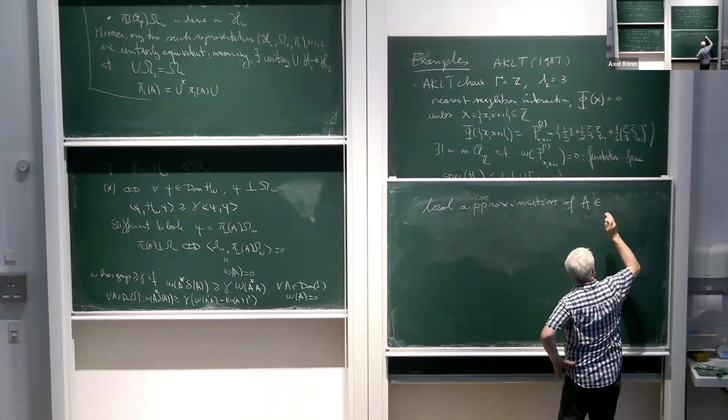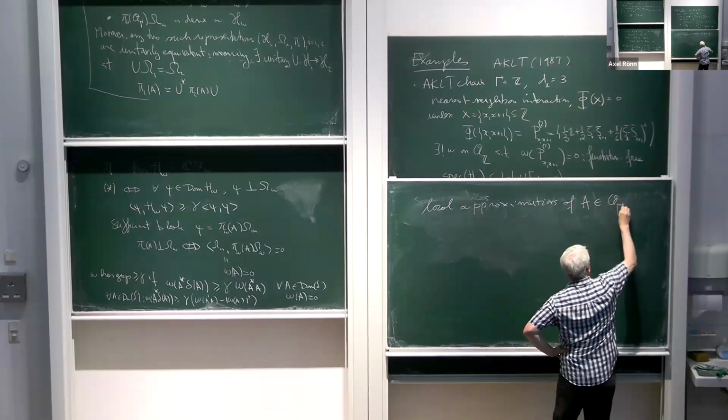What I'm referring to is that we want to make local approximations of our quasi-local observables.